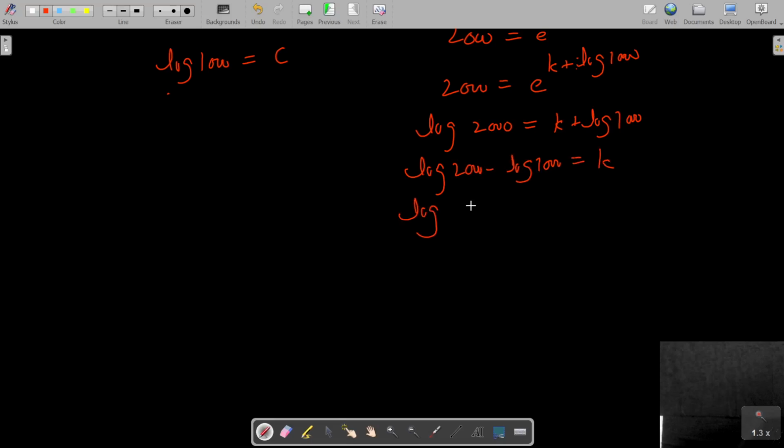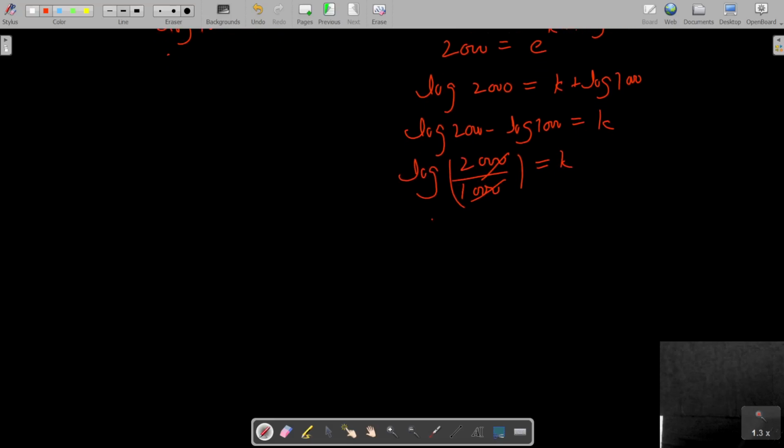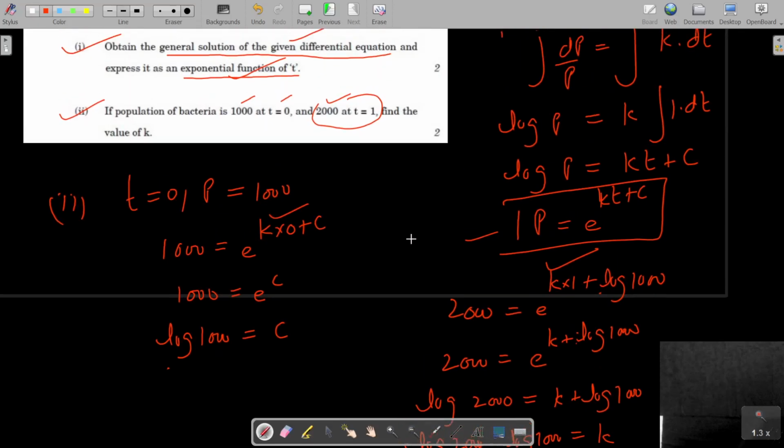Using log a minus log b, this is log 2000 by 1000 is equal to k. So the value of k is log 2.